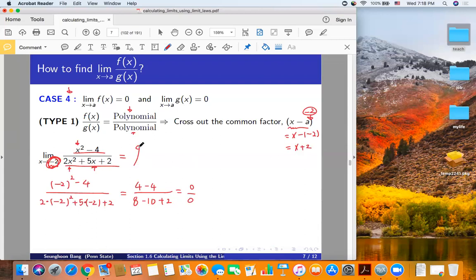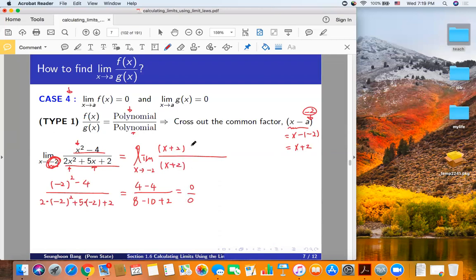So we factor out the common factor x plus 2. The top one has common factor x plus 2, and the bottom one has common factor x plus 2.